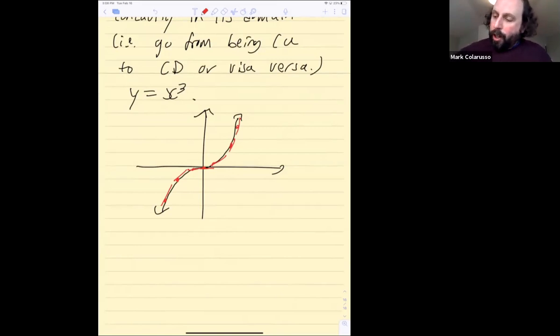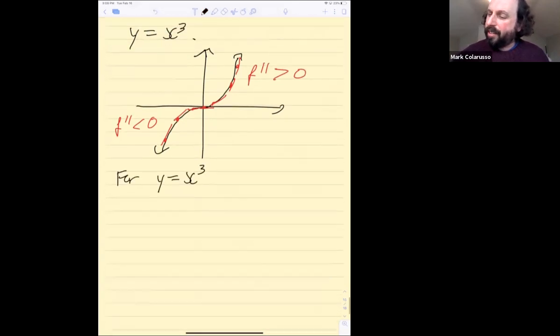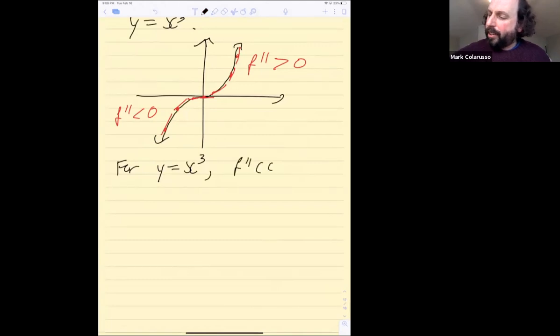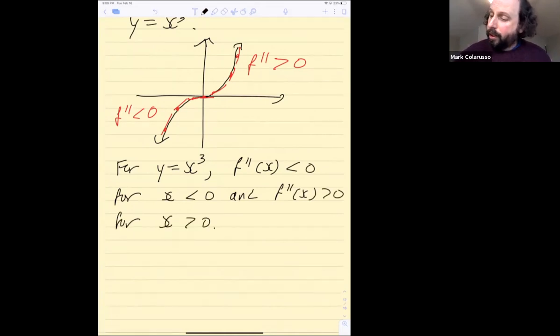So here we have a situation where f double prime is less than 0 to the left of the origin, and it's greater than 0 to the right of the origin, right? So for y equals x cubed, f double prime of x is negative for x less than 0, and f double prime of x is positive for x greater than 0.